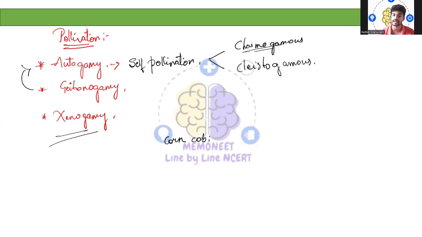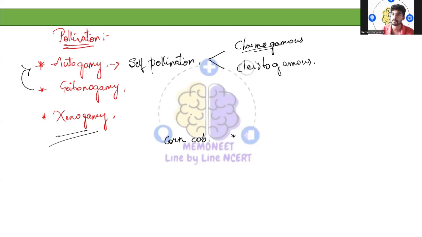If I'm talking about wind pollination, what all should it contain? The first point is that pollen should be easily dispersed from the anther. And the pollen grain should have a feathery nature so that it can be easily carried by the wind current.